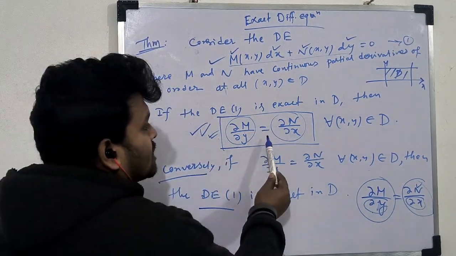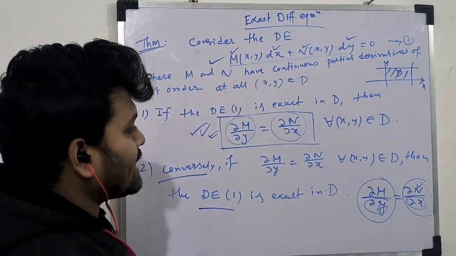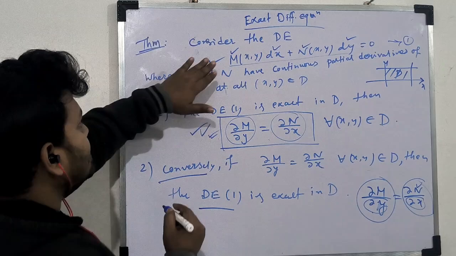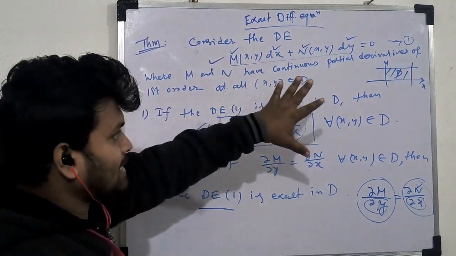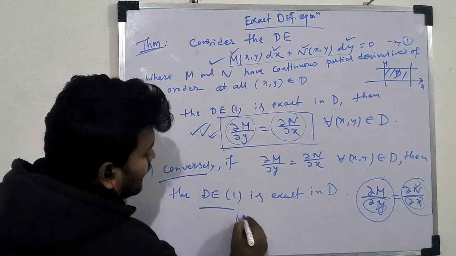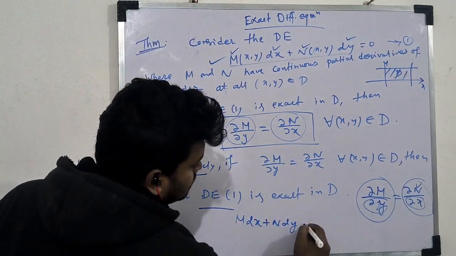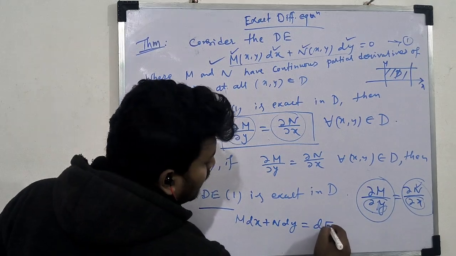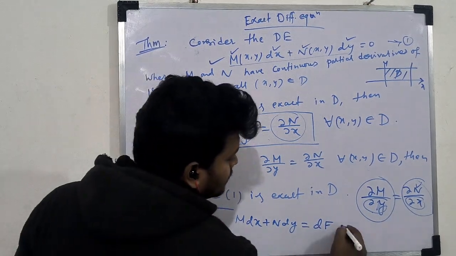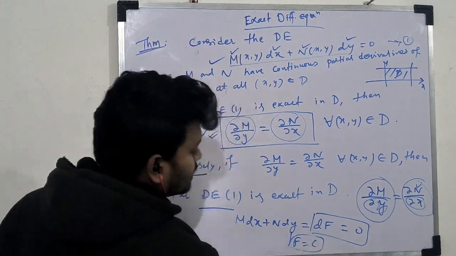Otherwise, if they are not equal, it is not exact. If the differential equation is exact, then we can find a function f so that M dx plus N dy equals the total differential of the function, and from this we can find the solution of the differential equation.